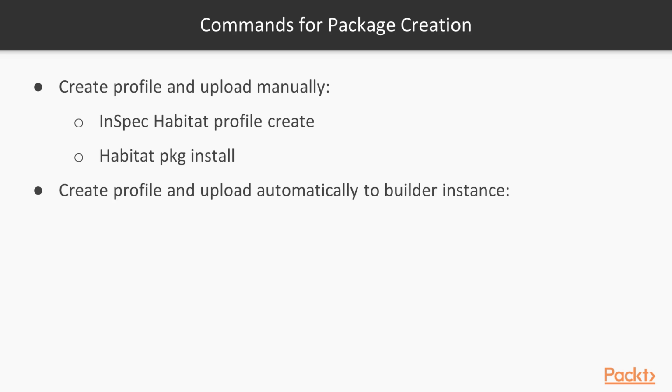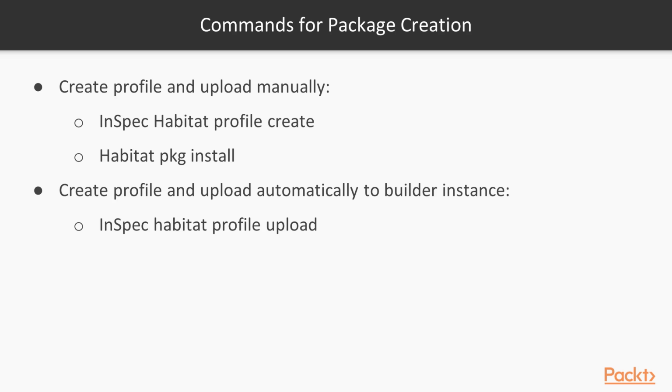Or what we can do is run the command inspec habitat profile upload. This will help us create and then upload the Chef Habitat package for the InSpec profile. Here, Chef InSpec will validate the profile, fetch and render all dependencies, and build the Chef Habitat package with a dependency on the latest InSpec. However, instead of saving the package locally to the workstation, Chef InSpec will upload it to the Habitat builder instance as well.